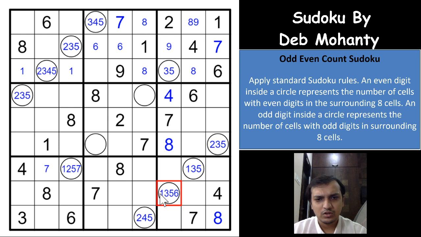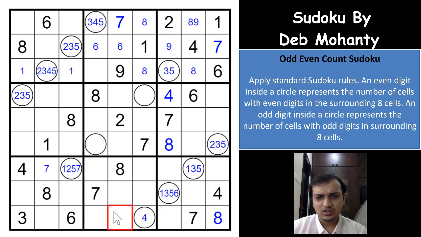With a 4 here, you'll have 2 even digits here, 2 even digits here. So 2 and 6, 2 and 4. Okay. So 4 is also not possible here. Very difficult to see that. So what happens if you have a 4 here? You need to have 4 even digits in these 5 cells, right? So which means 2 even digits in these 3 cells. 4 and 8 are there, 2 even digits will be here.